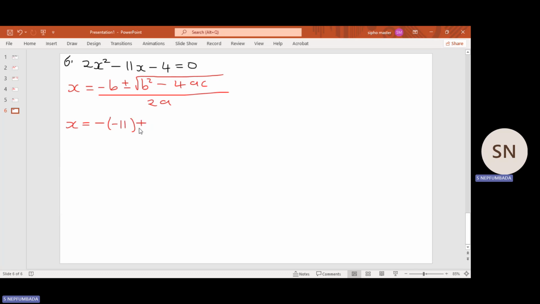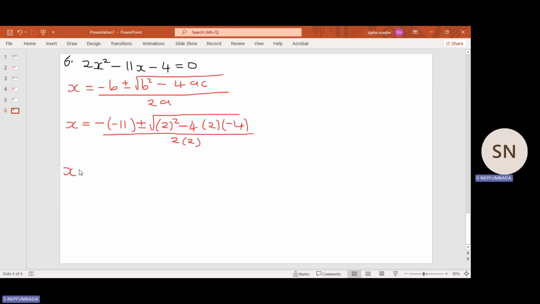Then we say plus or minus the square root of what? Our b is negative 11, so it is negative 11 to the power of 2, minus 4. Our a is 2. Our c is minus 4. Then divided by 2 times 2.